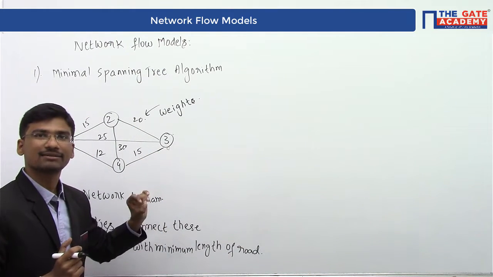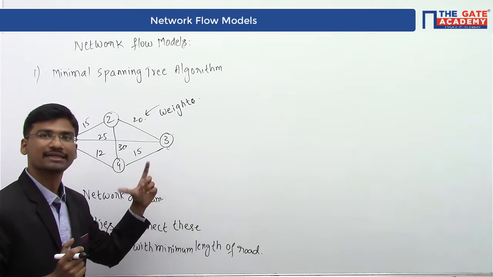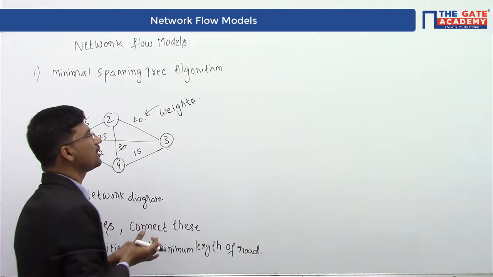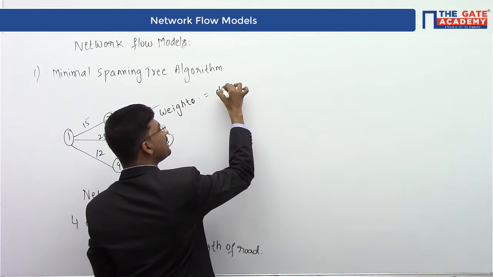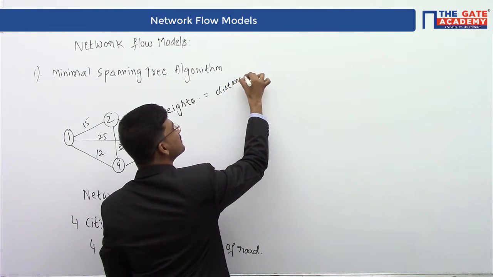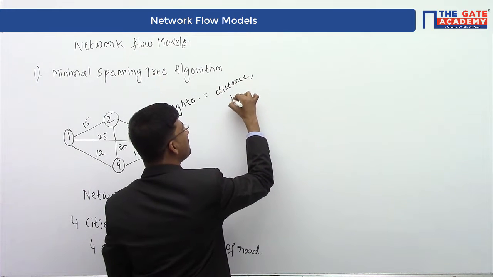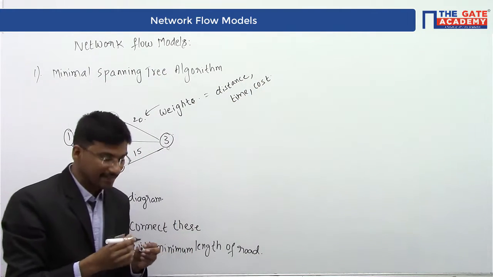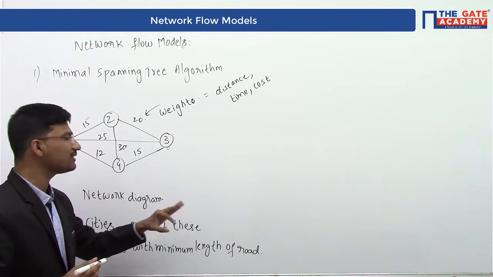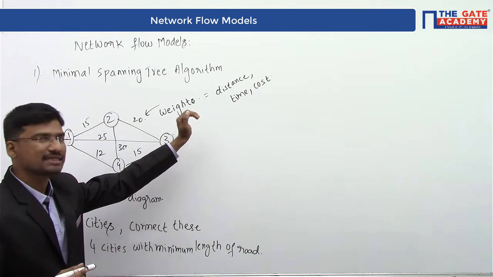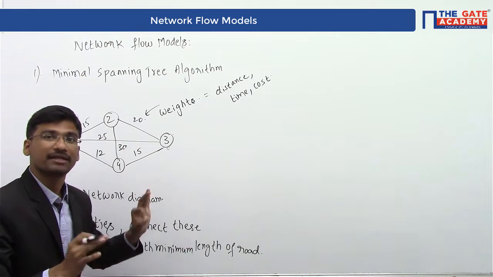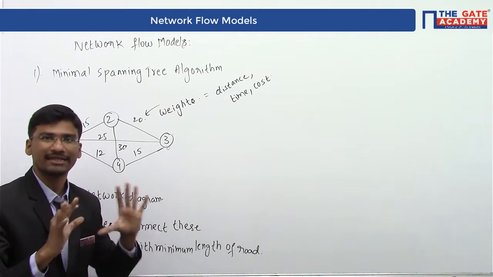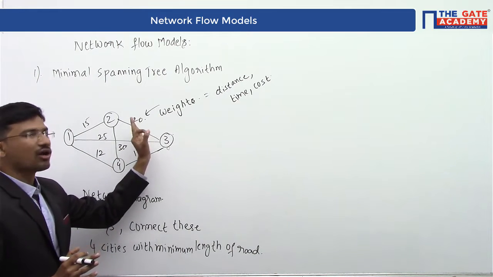These weights may be in terms of distance or length, or in terms of time, or maybe cost also. It depends on the particular problem. Now we are dealing with distance, but it may vary. So this we call weights.